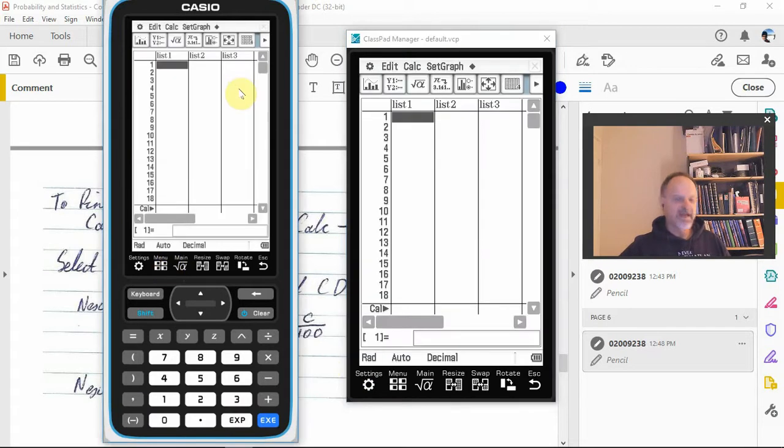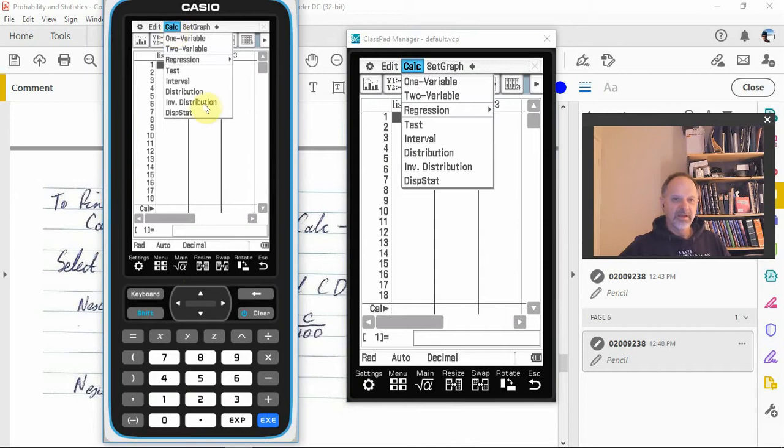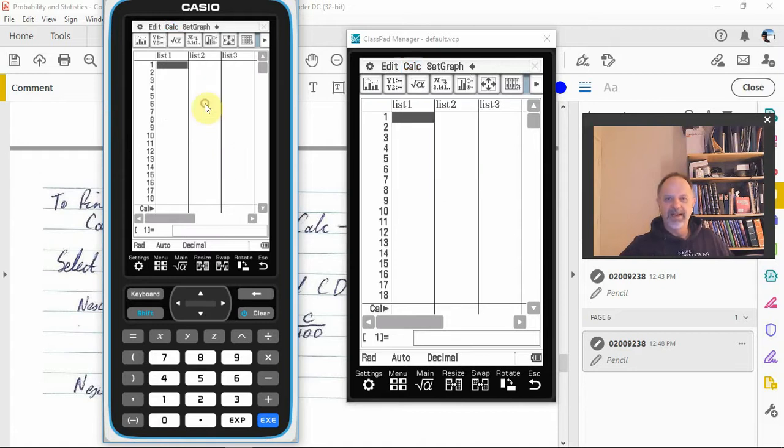Let's go to stats, calculate. Now this time we're using the inverse distribution. So we're going from that percentage back to something else, whereas previously we've had our values, our data, and then we've gone to that percentage. Now we're going back the other way.